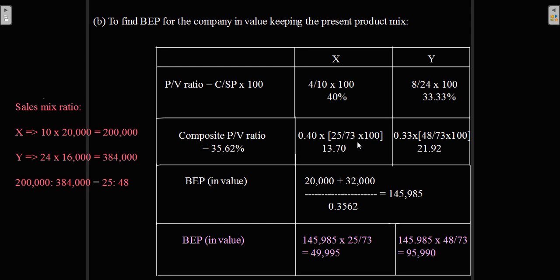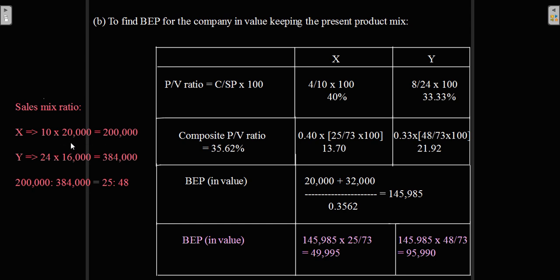We are going to multiply it by the sales mix ratio. Unlike the previous example that we saw, they have not given the weightage or the sales mix ratio, so we have to find it. How do we find the sales mix ratio? This 10 rupees is the selling price, into the number of units that you are selling.